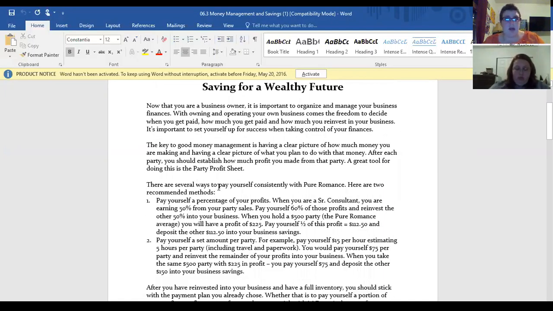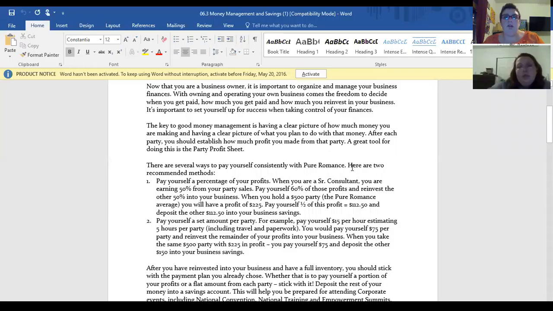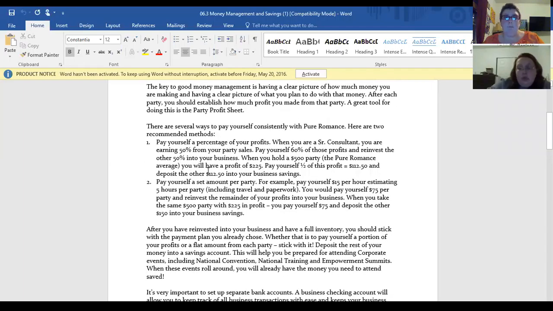So in this handout, it's going to tell you several ways to pay yourself consistently. They either recommend you pay yourself a percentage of your profits, meaning when you're a senior consultant, you're at a 50% buying discount from your party. Pay yourself 50% of those profits and reinvest the other 50 into your business. Or some people just pay themselves a set amount per party.